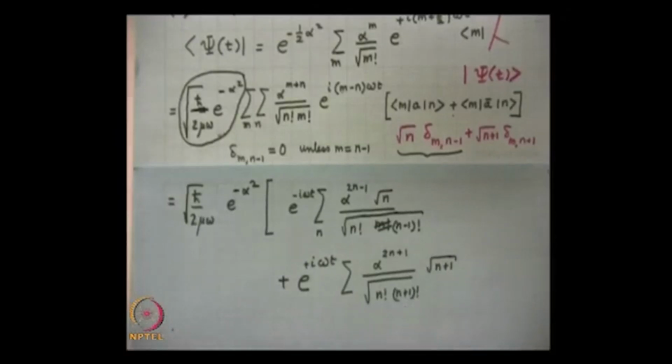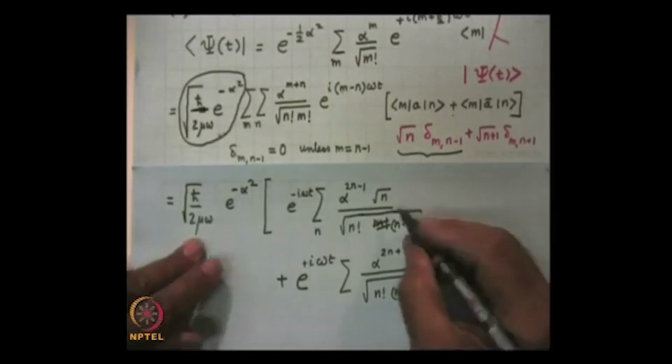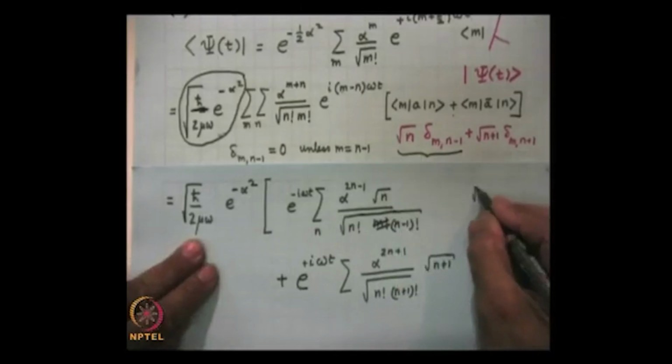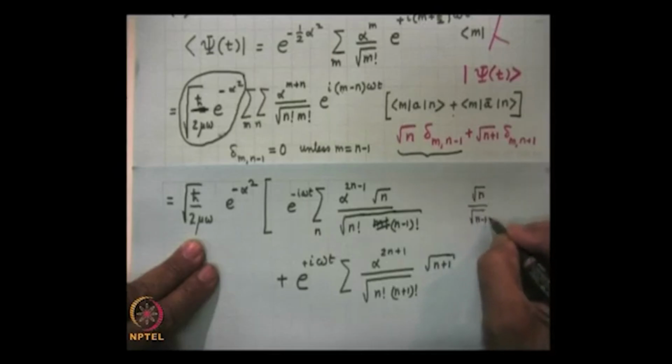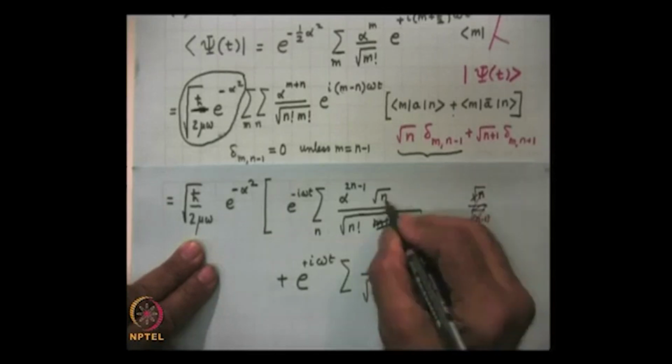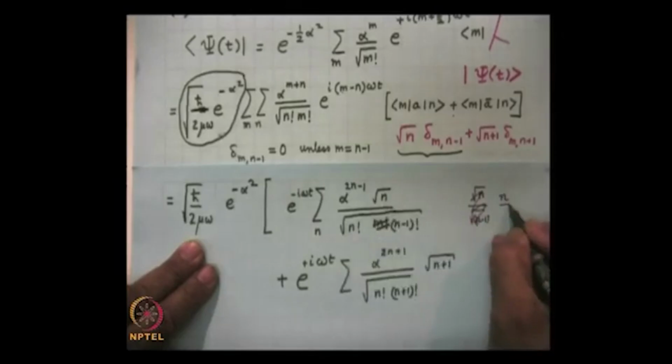Now, in the first expression you see square root of n divided by square root of n factorial, square root of that.